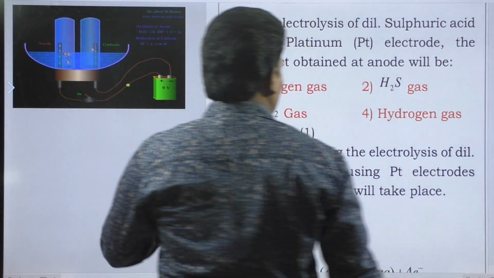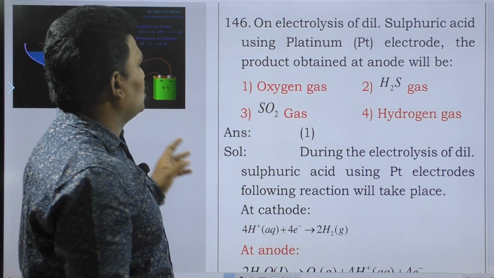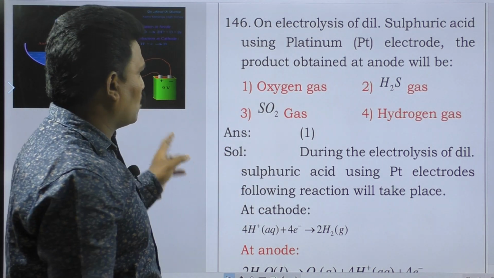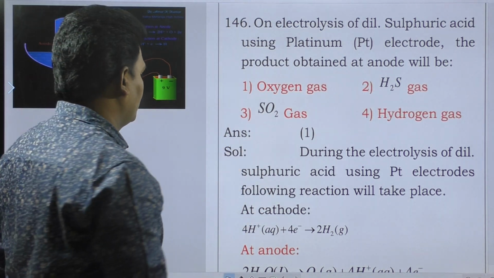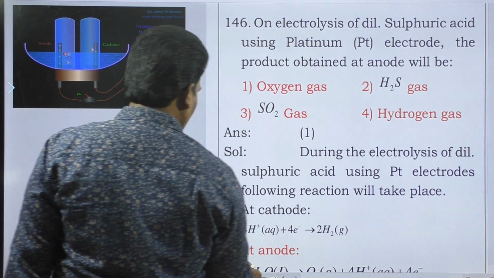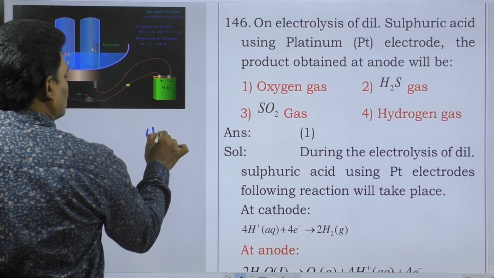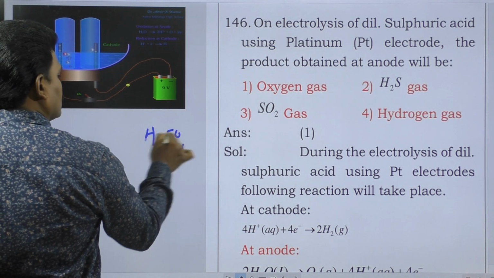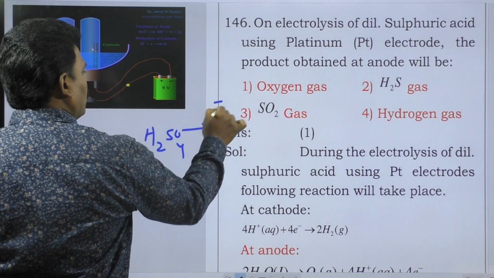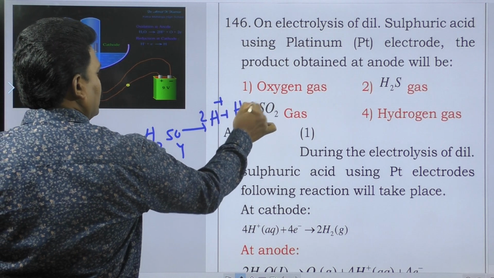On electrolysis of dilute sulfuric acid using platinum electrode, the product obtained at anode will be... H2SO4 on electrolysis gives 2H plus and HSO4 minus.